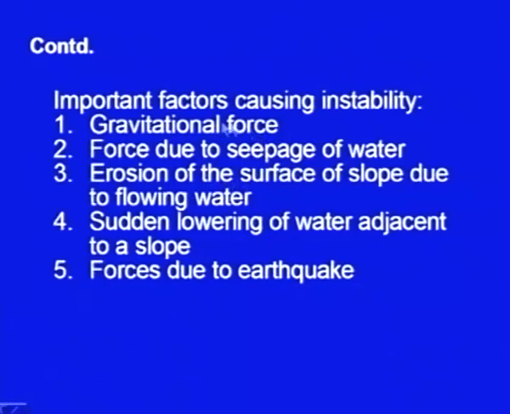It can reduce the gravitational force, but the water itself can have a seeping effect. So, these are the things which have to be considered. Then sudden lowering of water adjacent to a slope can cause instability, and also there are forces due to earthquake which can cause instability.